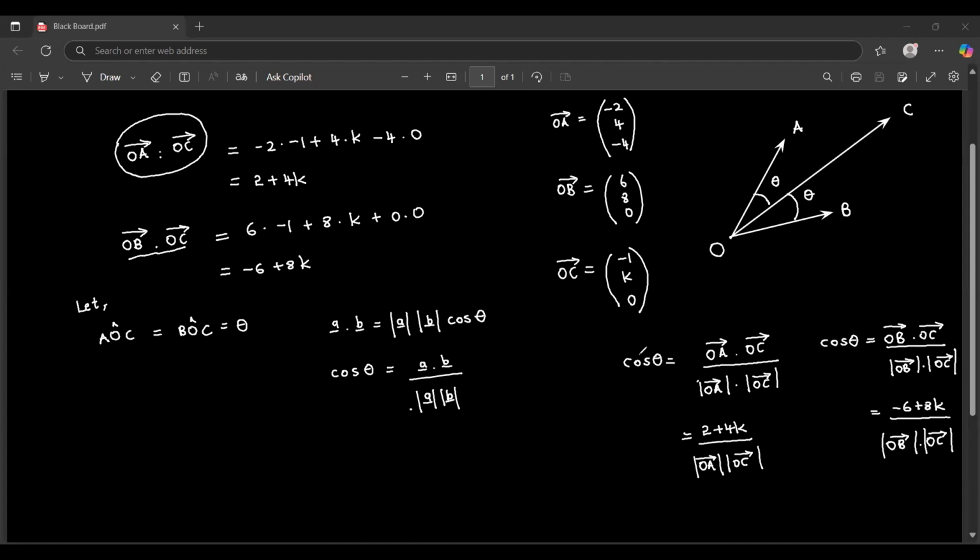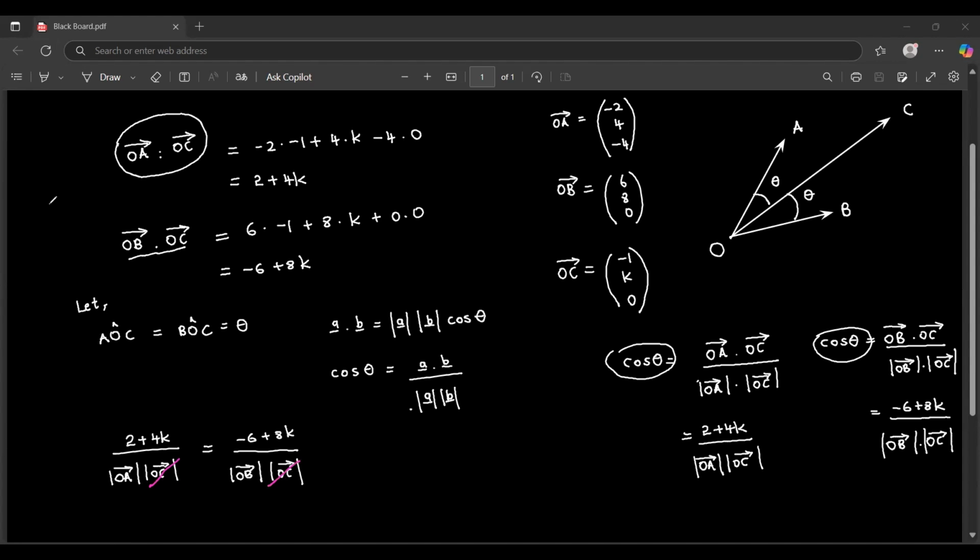Now I can equate these two, since theta is equal, cos theta will be equal to each other. So I can say 2 plus 4K over modulus of OA into modulus of OC is equal to minus 6 plus 8K over modulus of OB into modulus of OC. And I can cancel OC out. So I will be left with this.